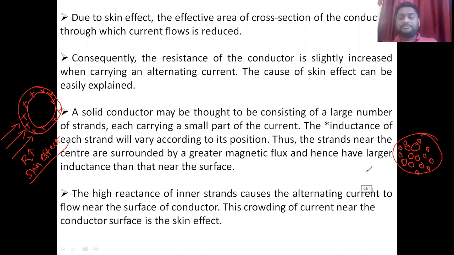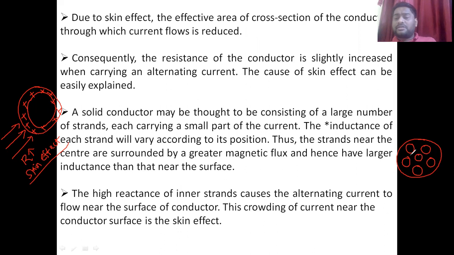For simplicity, suppose this is the conductor, and 1, 2, 3, 4, 5 are strands, and 6 is internal. We use another color for the flux linkages in the conductor. Each strand means a small conductor. Suppose one cable is made up of a number of strands.